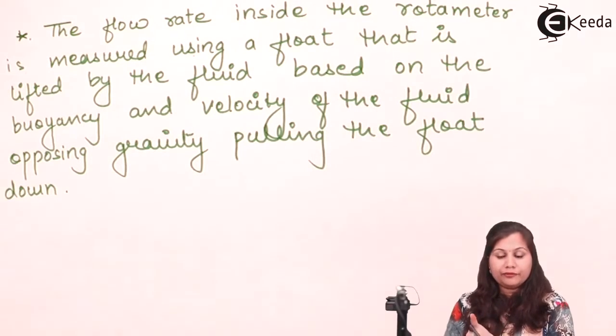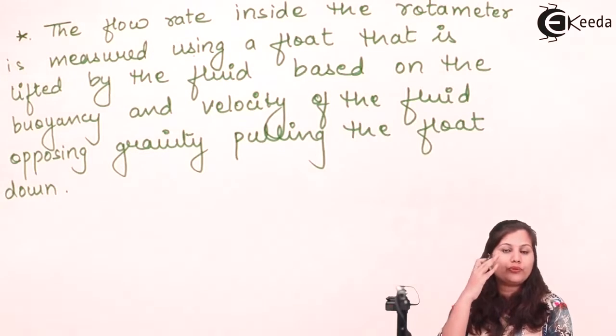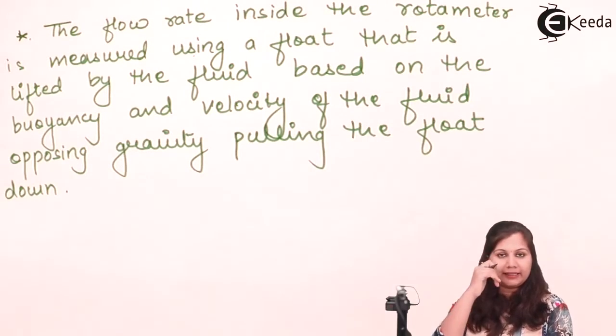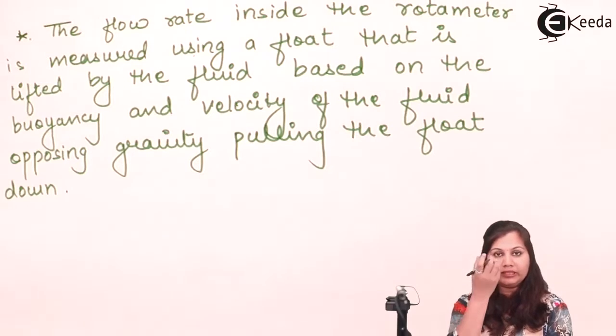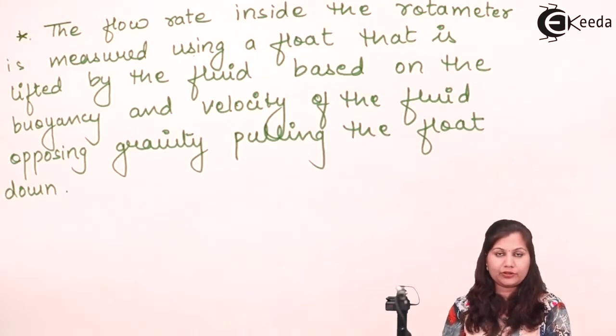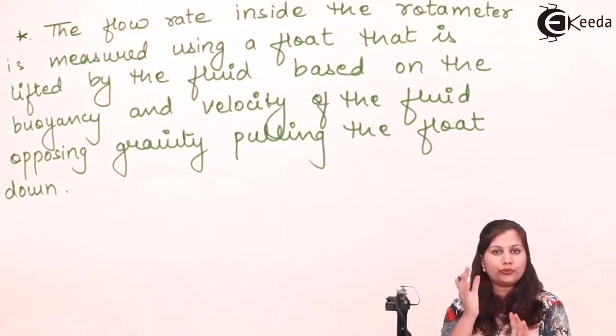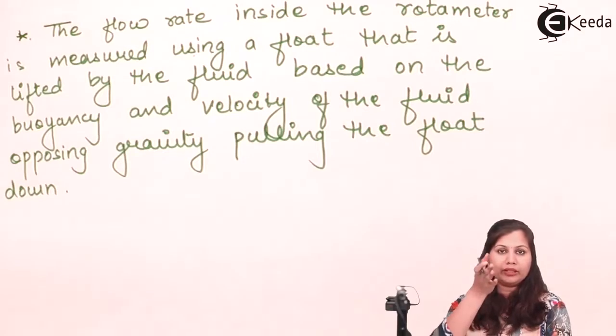Now the float is rising up in the tube. On this float, two forces are acting. One is the gravity that is acting in the downward direction and pulling the float downward, but the fluid flow is trying to raise up the float. So two forces are acting, one in the upward direction and one in the downward direction.